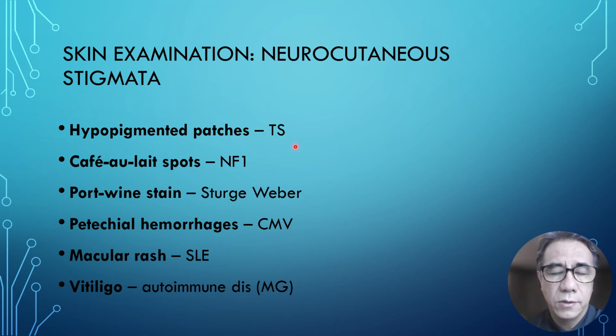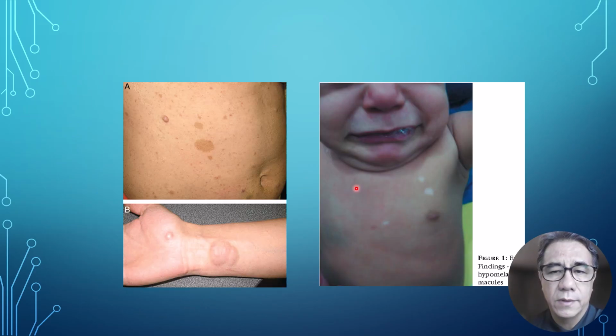Hypopigmented patches, you see that with tuberous sclerosis. Cafe au lait spots, often associated with neurofibromatosis type 1. Port wine stain, Sturge-Weber. Petechial hemorrhages on the skin, especially in an infant, is most likely CMV, a macular rash, lupus, while vitiligo may be associated with an autoimmune disease, including myasthenia gravis.